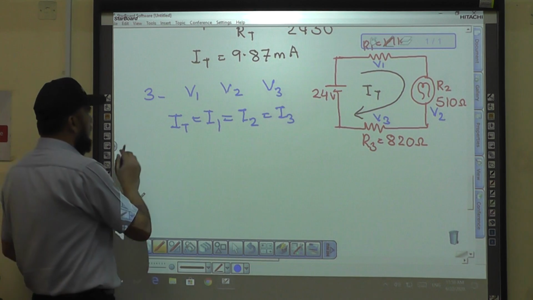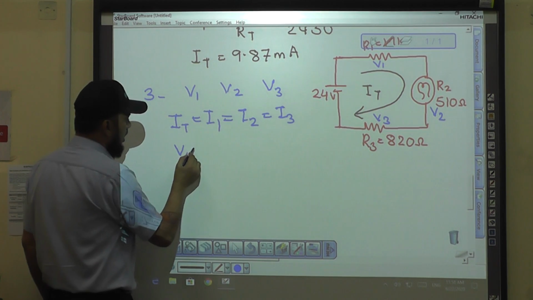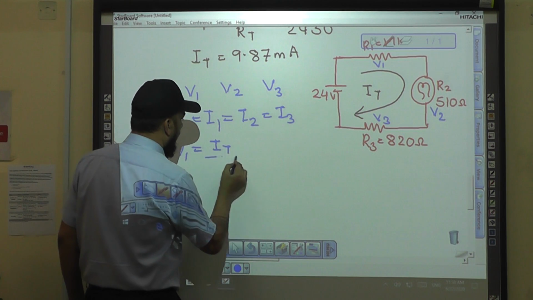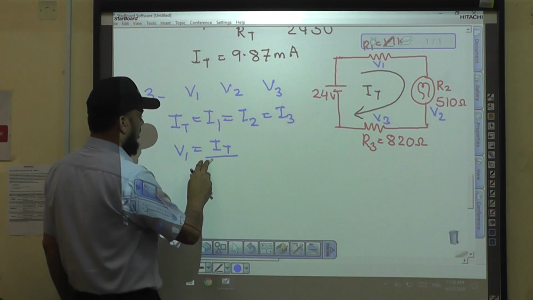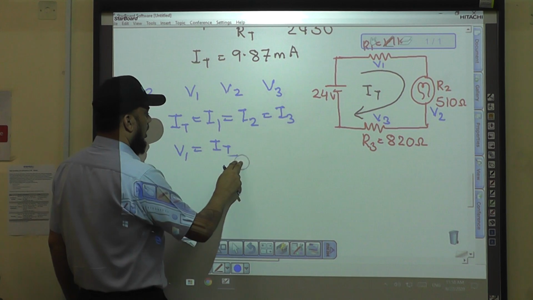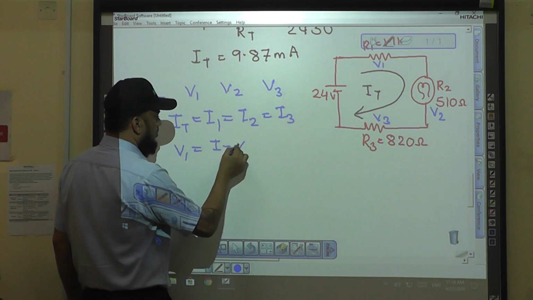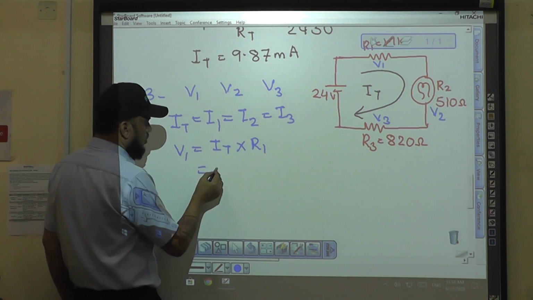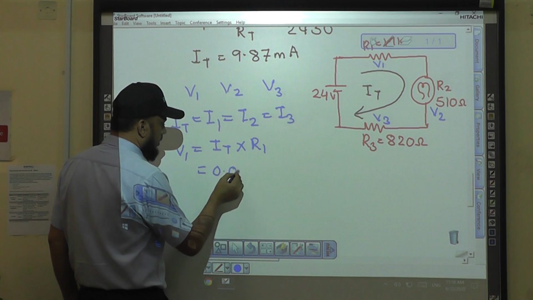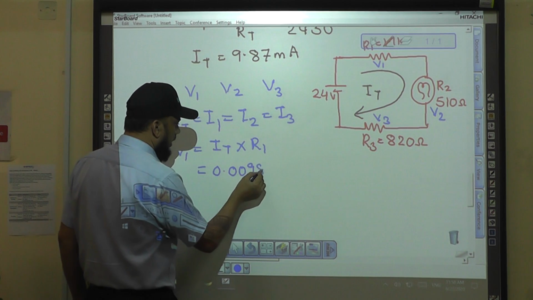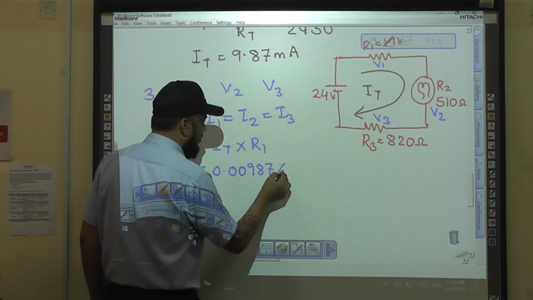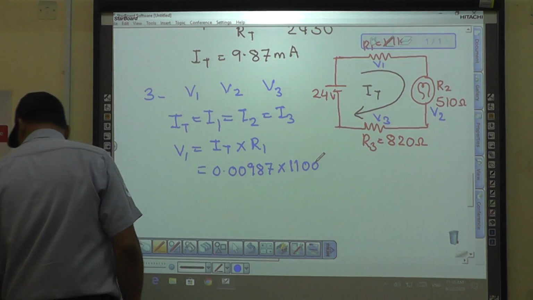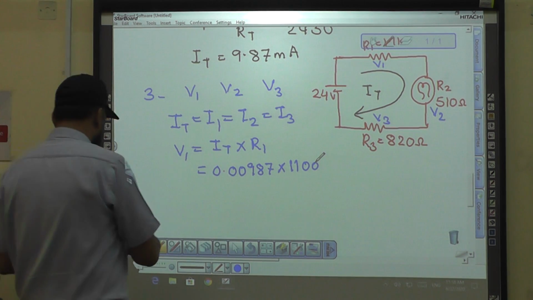Now we will calculate V1, which is equal to I total times R1. So I total, 0.00987, times 1100.